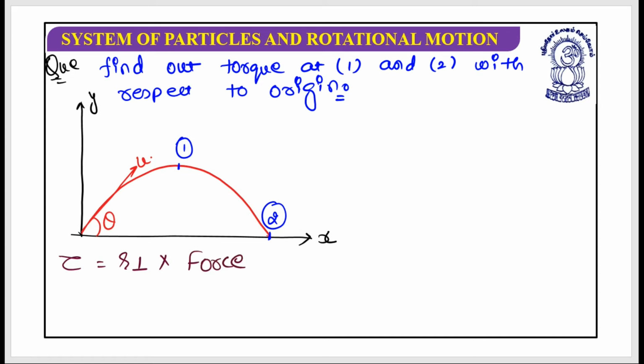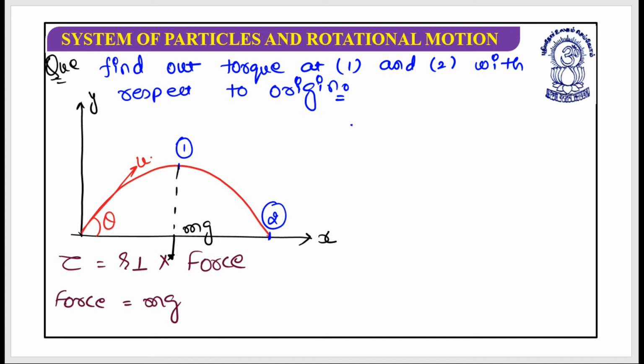So when we think about the projectile motion, the force would be only mg, acting throughout the journey of the projectile. No other force is acting. So our task is very easy: only one force is acting, and it is acting in the downward direction. Yes, the force mg is always acting downward.